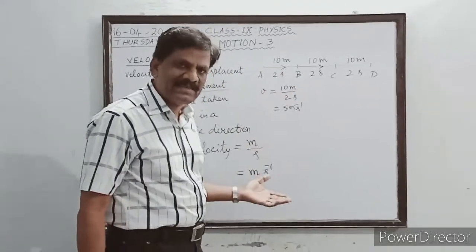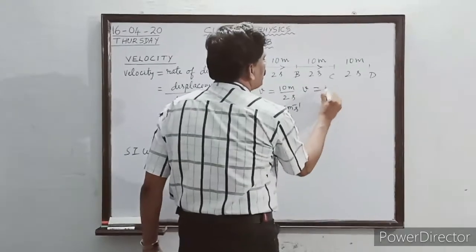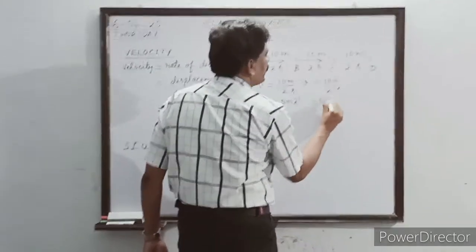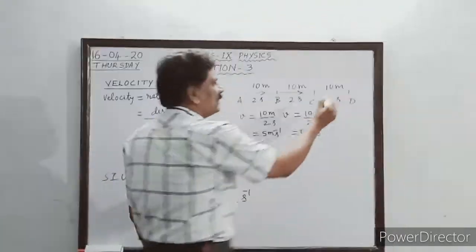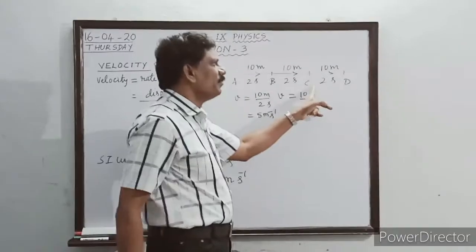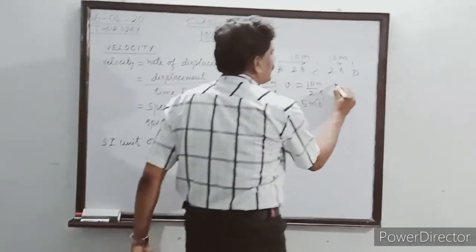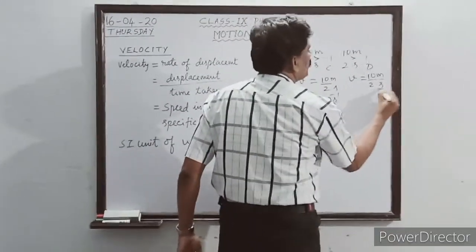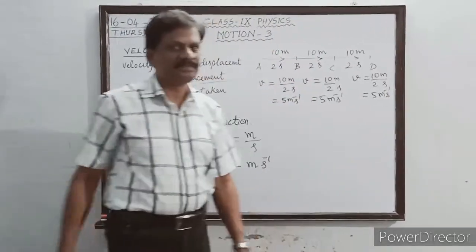Again 10 meters and the time is 2 seconds, so this is equal to 10 meters by 2 seconds, that is equal to 5 meters per second. In the same way, the displacement of the body between C and D is also equal to 10 meters, and here also the velocity is equal to 10 meters by 2 seconds, that is equal to 5 meters per second.